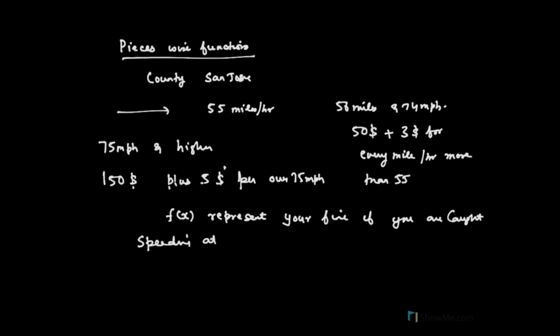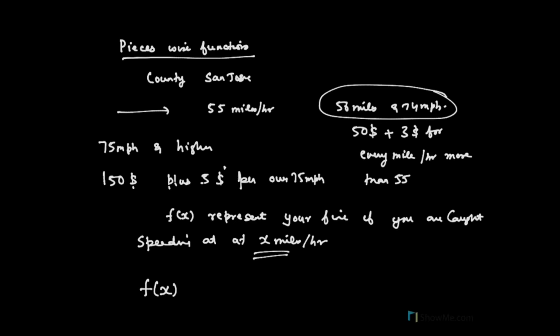Now this x can come in any category. It can be between 56 and 74. It can also be more than 75. So our function is going to be like this, piecewise.